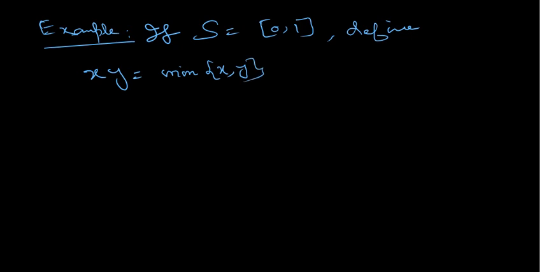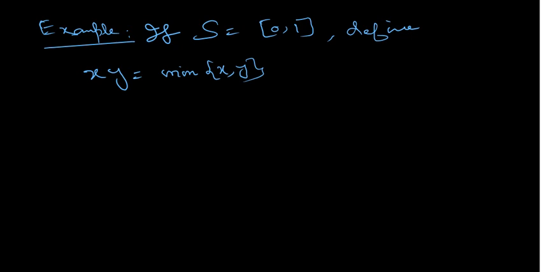You can easily verify that this is obviously closed because the minimum of x and y is again in the same set, so it's a binary operation.